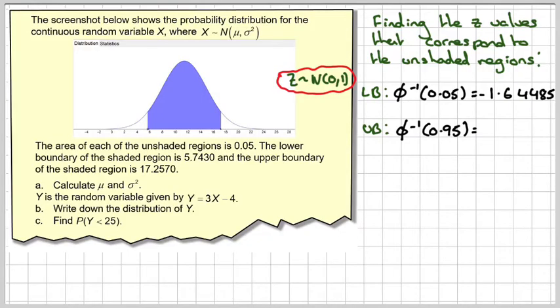Okay, so writing those values down, they correspond with these two values here. The minus 1.64485 corresponds with this one, and the positive value corresponds with this value.